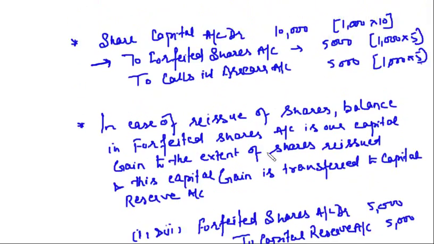Clear? Now this is important. One line is important I have written: to the extent of shares reissued. Right? Why this line is important? Because if the shares are not reissued, then you cannot calculate gain. Then you cannot say that this money is a gain. Why? Because we haven't received any extra money.